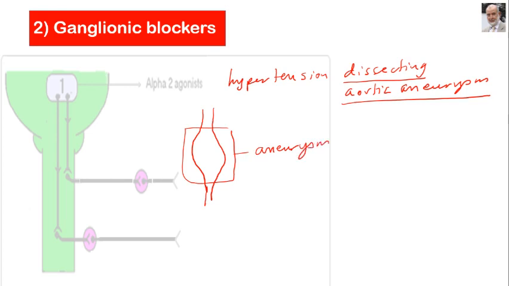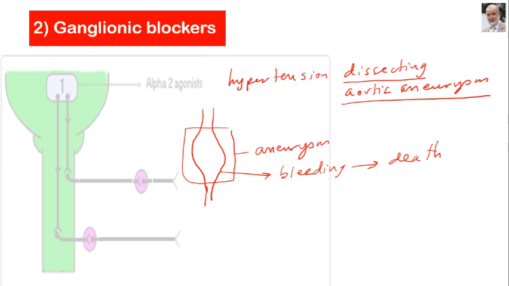It forms a balloon-like shape. If this ruptures, it causes bleeding, and bleeding can lead to death. So in this case, it is an emergency, and they have to lower blood pressure in order to operate, to perform the surgical operation removing the aneurysm.